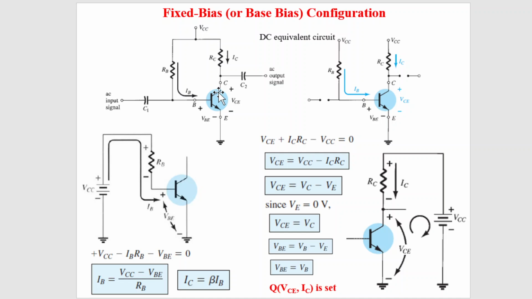Okay, so by playing with the values of VCC, RB, and RC: when we change RC, we are changing IC. When we change the value of RB, we are changing the value of IB. Whenever we discuss, we will discuss in terms of IB, that is input current.